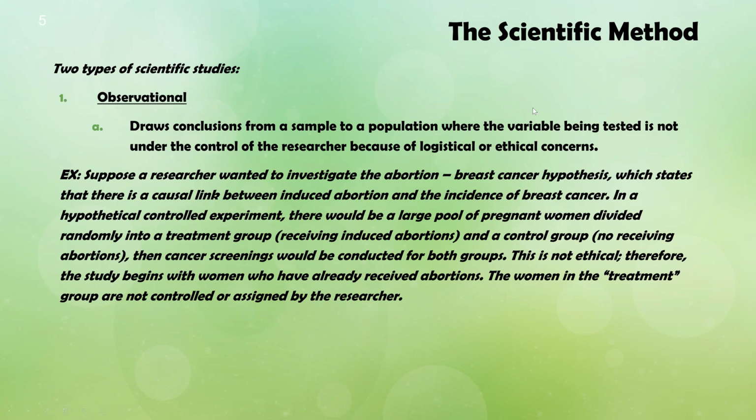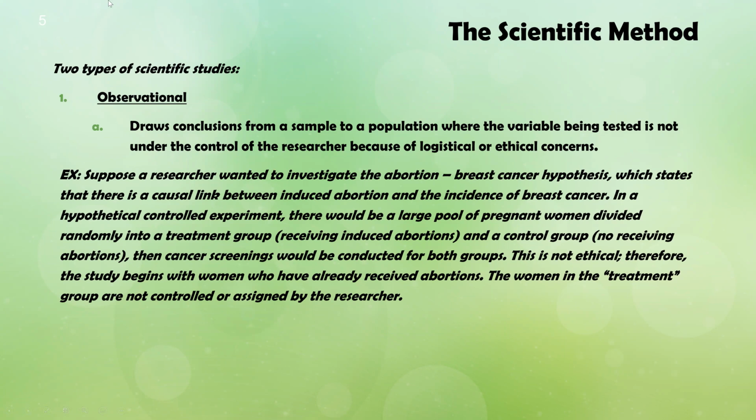So you take a small sample, you look at your results and you apply it to the population, right? But the important part of an observational study is you cannot control the assignment of your subjects to different groups.